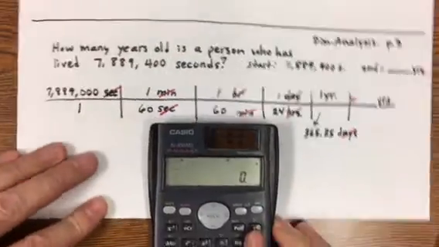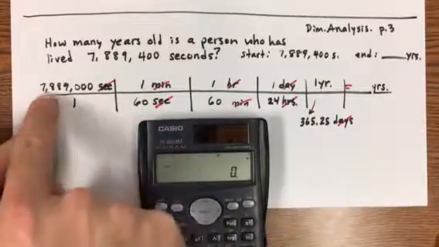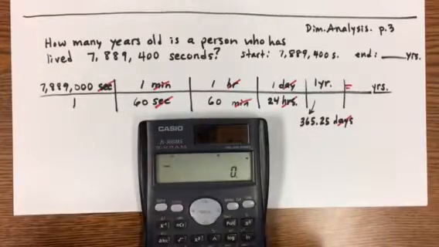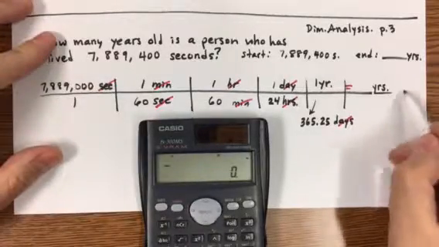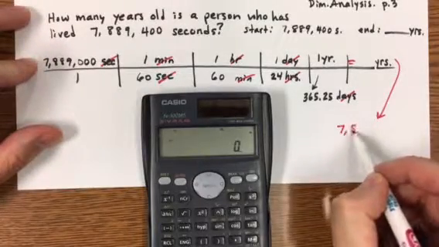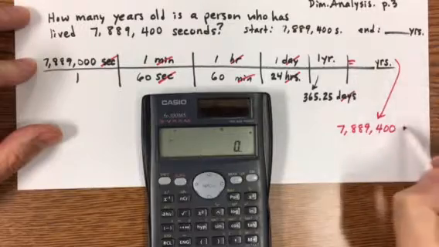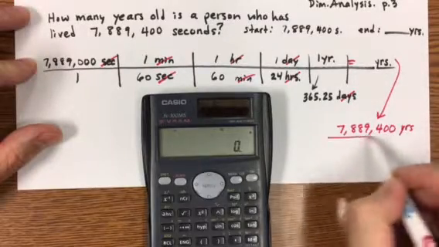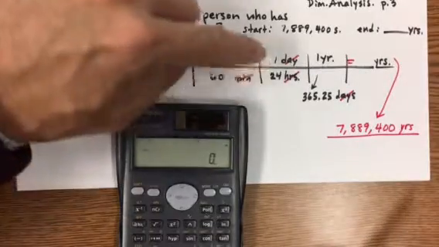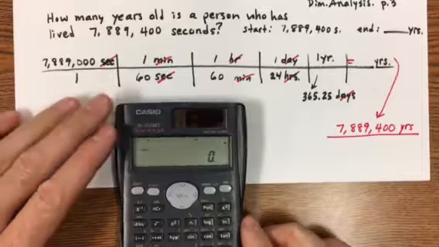So to get my final answer, I multiply all the top times all the top. It's this number times 1 times 1 times 1 times 1, which is not going to change that number. So I'm going to come down here. That's going to give me 7,889,400 divided by 1 times 60 times 60 times 24 times 365.25.